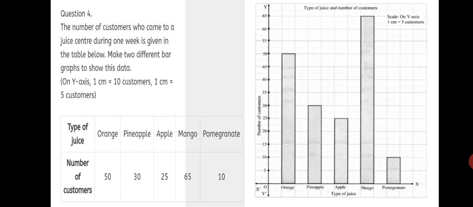Now many people are covering up a bigger area because the graph is like that. Y-axis is equal to 1 centimeter is equal to 5 customers. So whenever you are solving or drawing a graph, you can choose your scale if it is not provided. If it's provided, you have to do the graph as per the question.